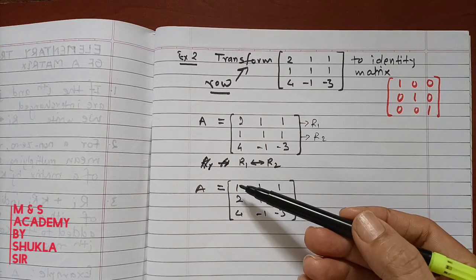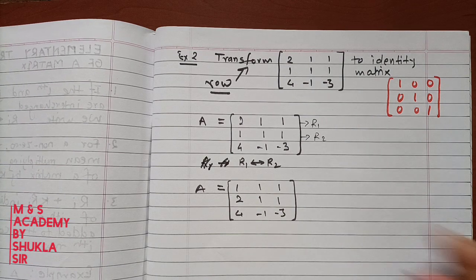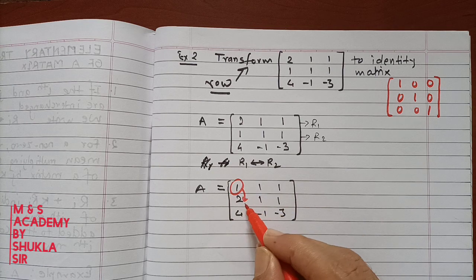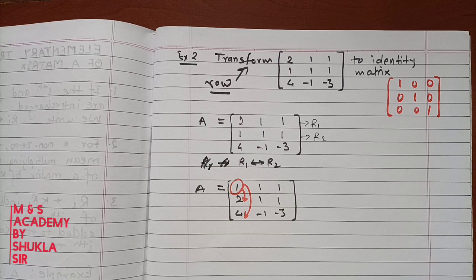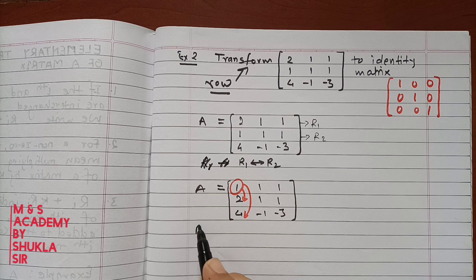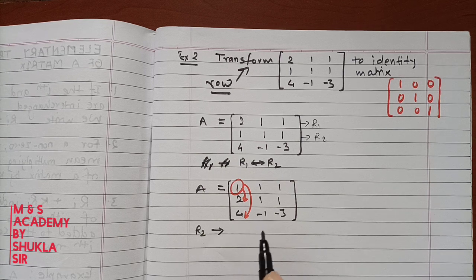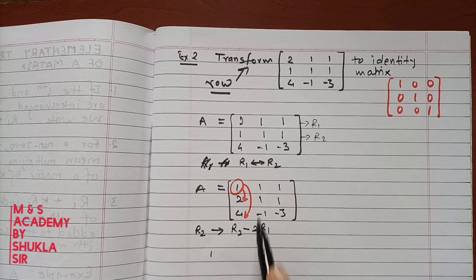Now by using this one, we'll make this one a 0 and this one 0. So we'll use this 1 to make this one a 0, and again using 1 to make this one a 0. So we are changing R2 such that R2 minus 2 times R1. Since R2 is changing, we'll write all the other elements as they are.